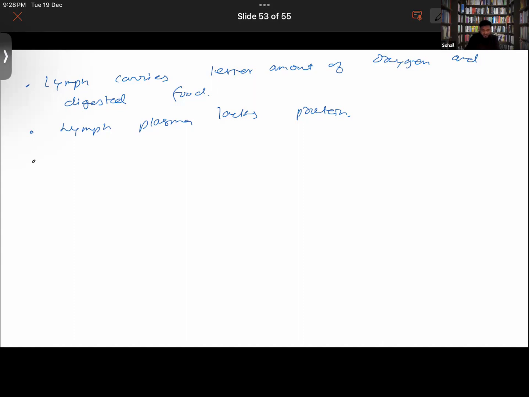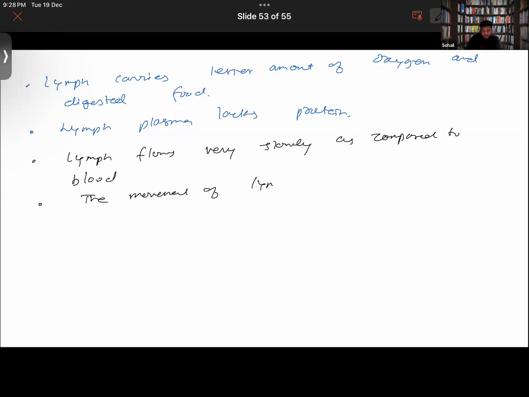So the points I told you: lymph flows very slowly as compared to blood. Second, the movement of lymph is in one direction only. Are you guys getting this or not?